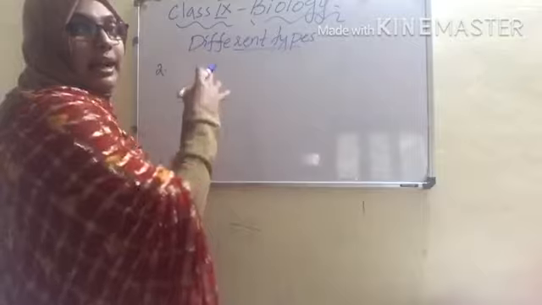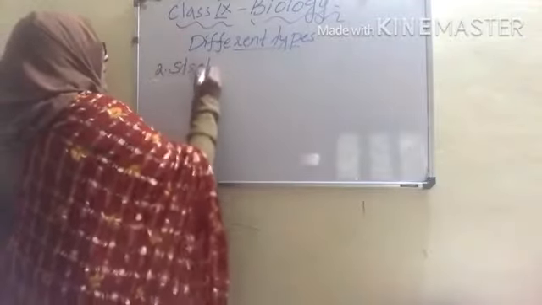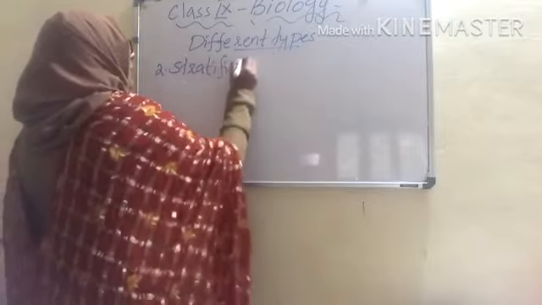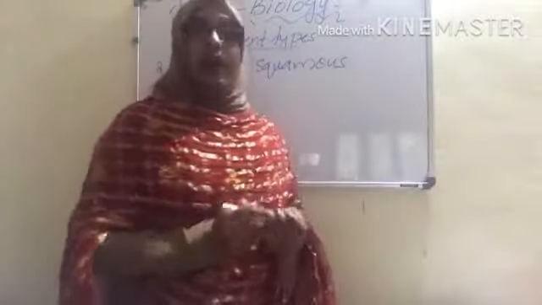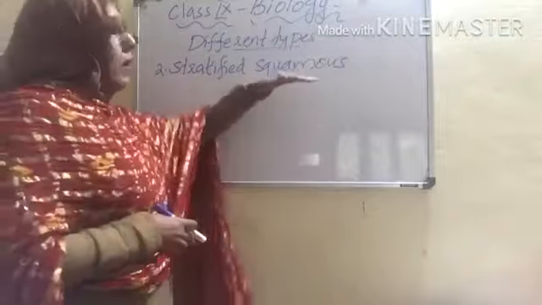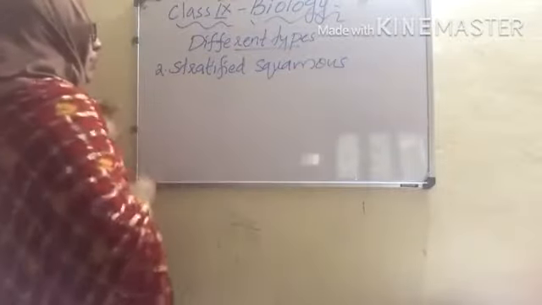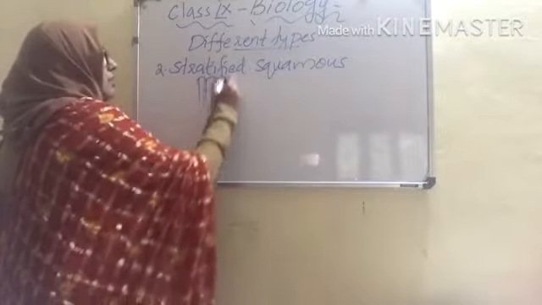Okay. So we are going to see the second type, where one more word is added to simple squamous epithelium, that is stratified squamous epithelium. Stratified means the squamous epithelium will be arranged in a pattern of layers.